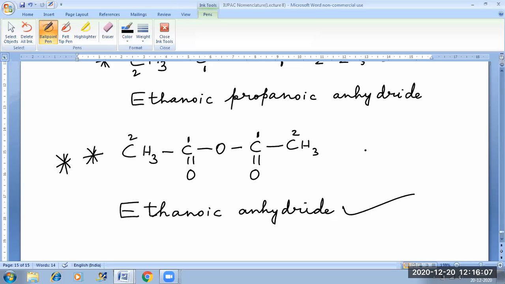So for anhydrides, if the groups present on both sides of the oxygen atom are identical, we do not use the word di. We just write the name without using di.